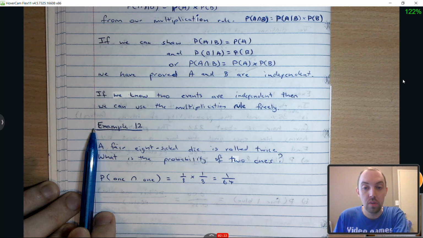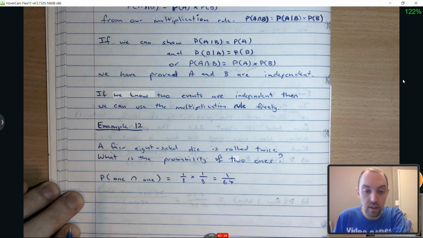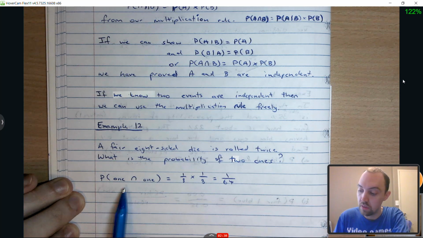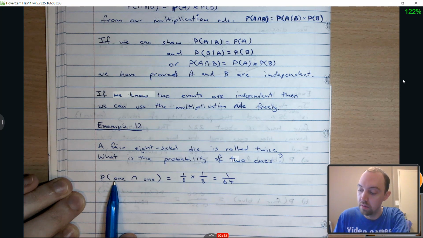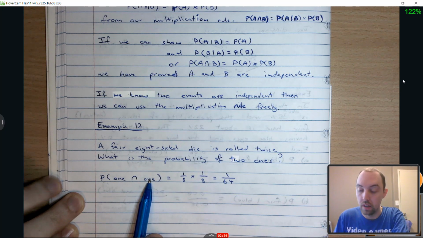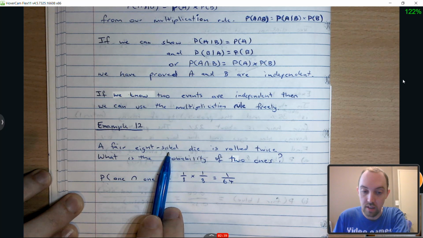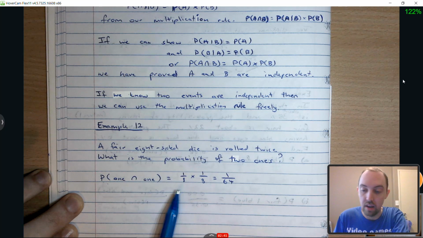So, quick example. A fair 8-sided dice is rolled twice. What is the probability of two ones? So we're looking at the probability of one and then another one. The probability of getting one on an 8-sided dice is 1 out of 8.